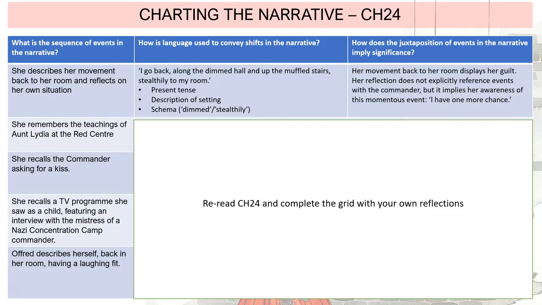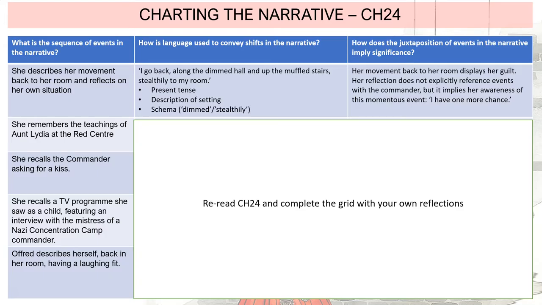You may have come up with something like this. If you look at that first column, I've charted the sequence of events in chapter 24. Offred begins by describing her movement back to her room and gives a reflection on her own situation. She then goes back to remember the teachings of Aunt Lydia at the Red Centre, and then brings us forward to a more recent point in time, the very recent past, in recalling the Commander asking for a kiss.